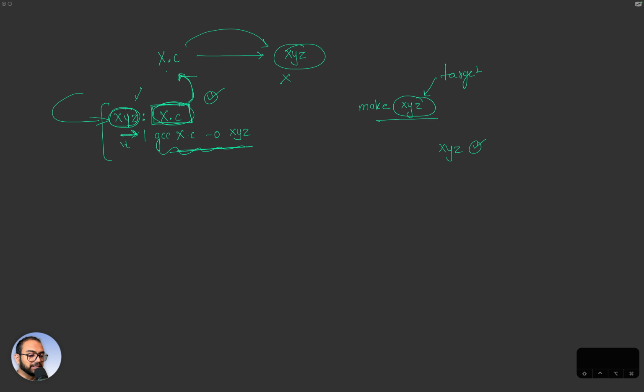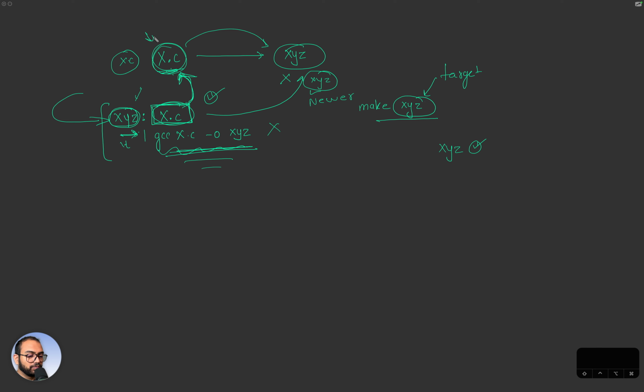The second time we just try again, make will say, hey, I see that x.c exists, and so does xyz, and xyz looks newer than x.c. If it is newer, then nothing in x.c seems to have changed, and so it doesn't go ahead and execute this. So that way make saves us effort also. It only updates what has been updated or changed.